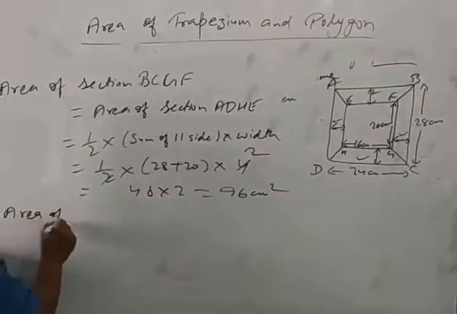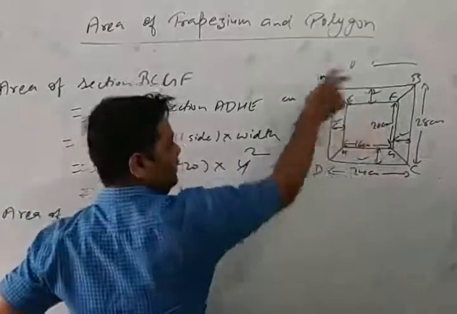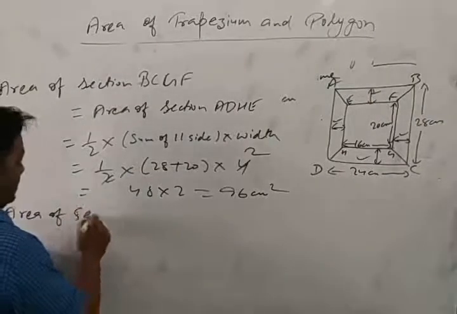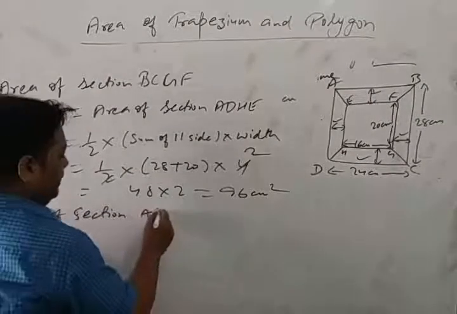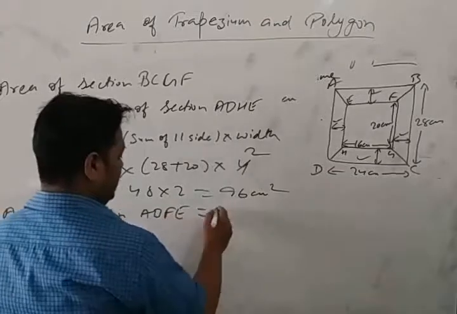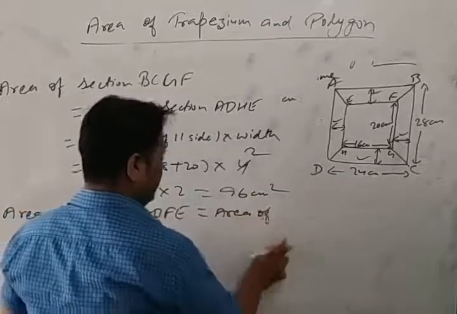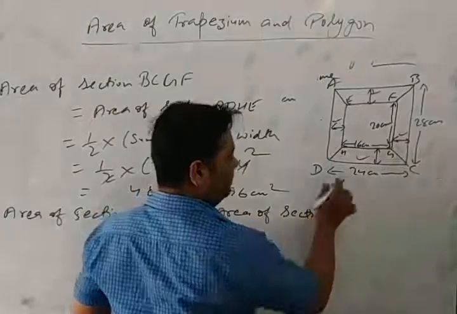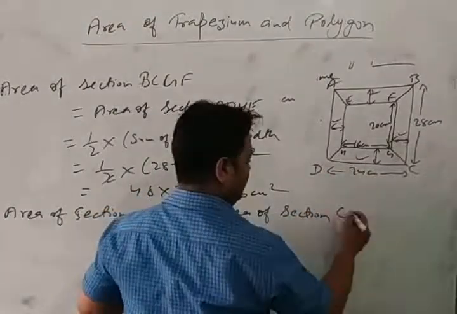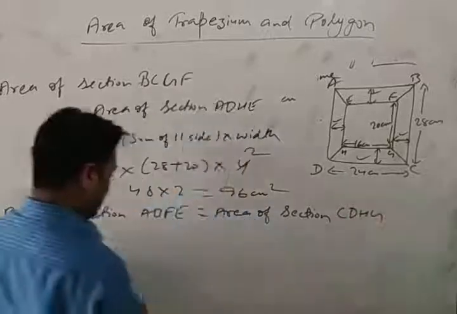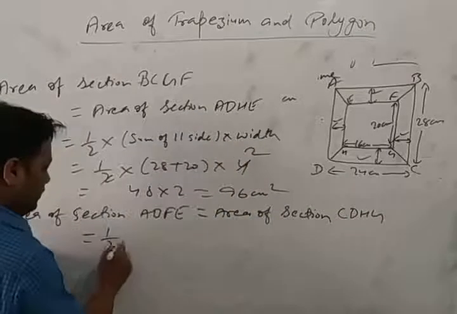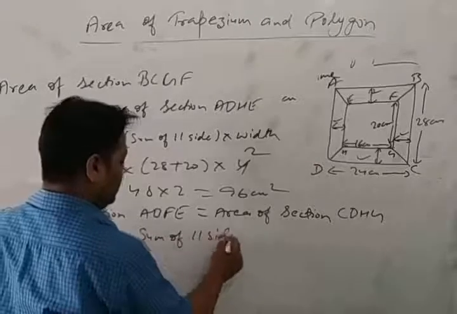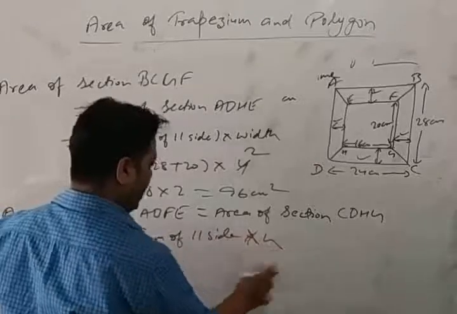Then the area of these two sections. First take ABFE: the area of section ABFE is equal to the area of the opposite section, the area of section CDHG. Again we will use the formula 1/2 into the sum of parallel sides into height.